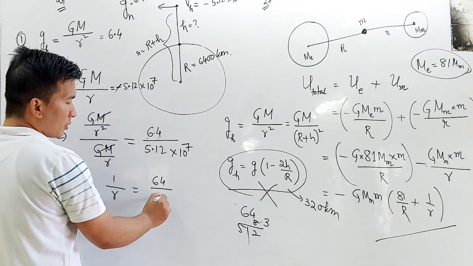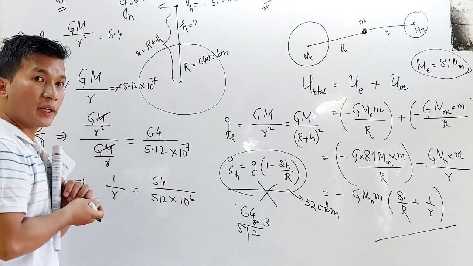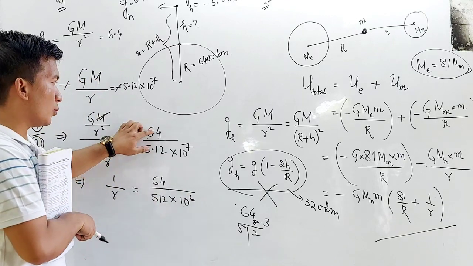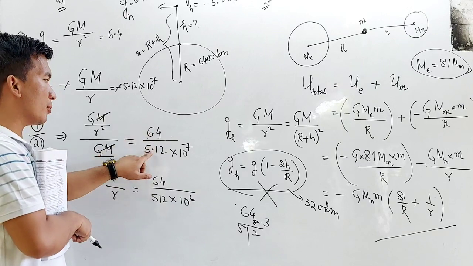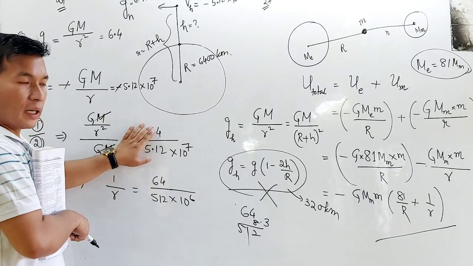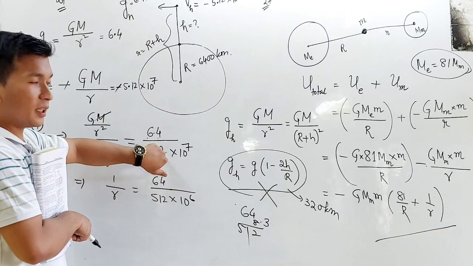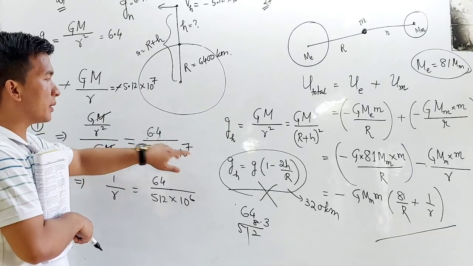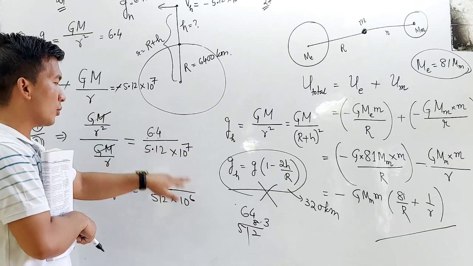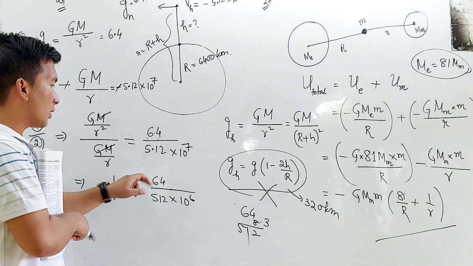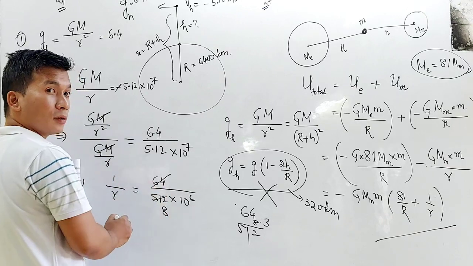Can we write like this, 512 into 10 to power 6? One decimal point of the numerator and one decimal point of the denominator get cancelled out, and in the denominator we are left with one decimal point, and if this is multiplied with 10 it will become 512. Now cancel, this is 8, 1 by 8.